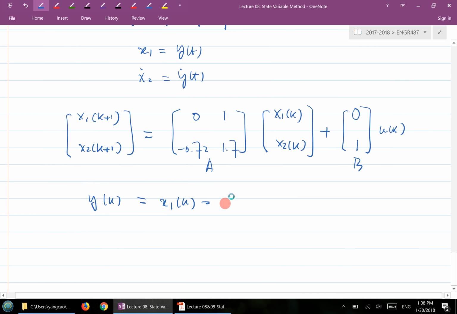Then this is equal to 1, 0 times x1 of k and x2 of k, and then you have a 0 times u of k. This is your D matrix, which is just a 0. So that's a very simple example of how, when you have a difference equation, you can derive the state space model.